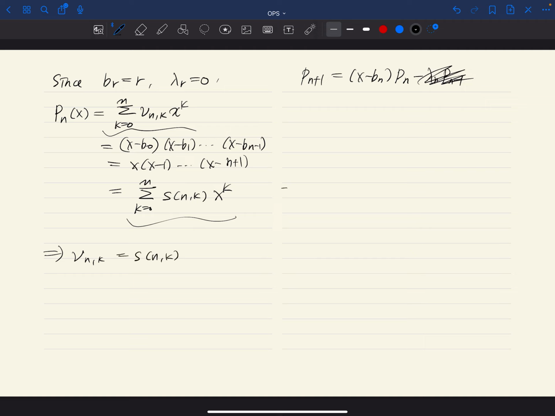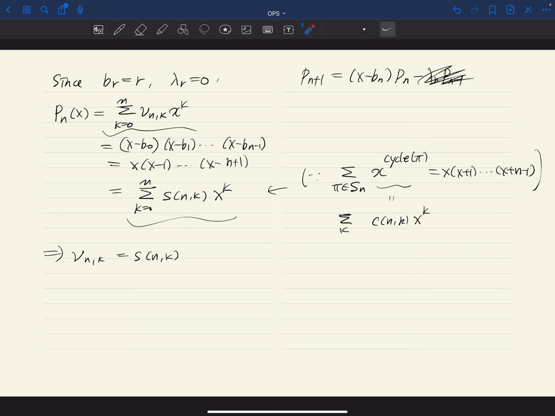The reason is that we know the sum over all permutations pi in Sn of x to the number of cycles of pi, we showed that this is this. Actually this is the signless Stirling number of the first kind.